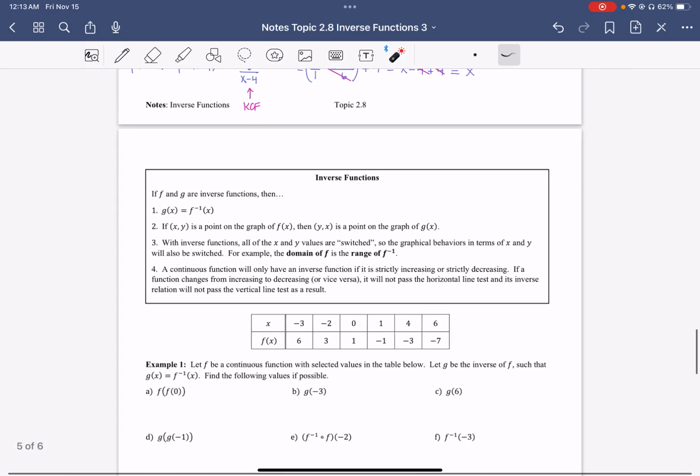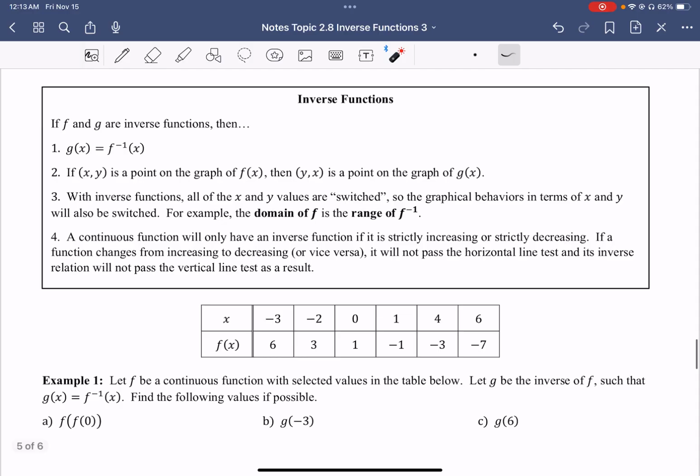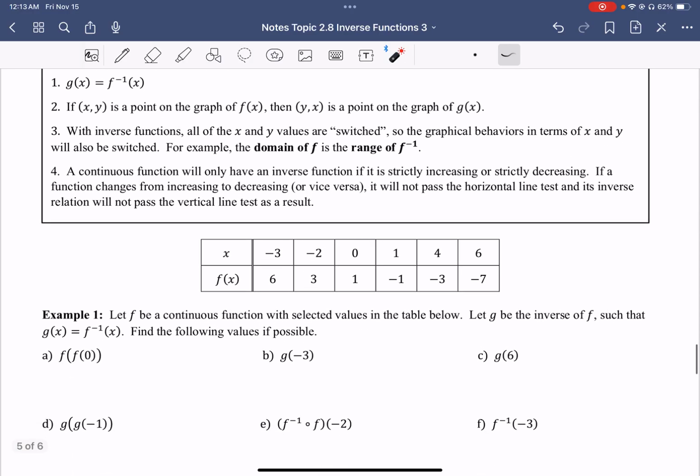Okay, on the next page, we have inverse functions. If f and g are inverse functions, then g of x equals the inverse of f of x. If xy is a point on the graph of f of x, then yx is a point on the graph of g of x. With inverse functions, all of the x and y values are switched, so the graphical behaviors in terms of x and y will also be switched.